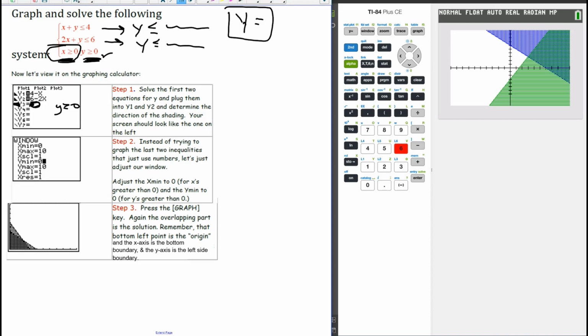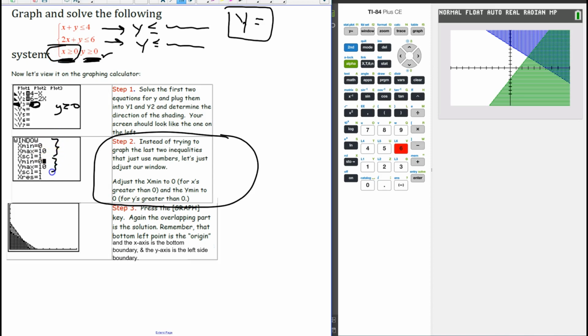Okay, so in that case, let's go now in order to get the x part. The x part, we go to our window to take care of that. It said the x's need to be greater than or equal to 0. So I start the minimum at 0 and go up to 10, you know, just from our standard number. If I'm going from 0 to 10, those x's are greater than or equal to 0.